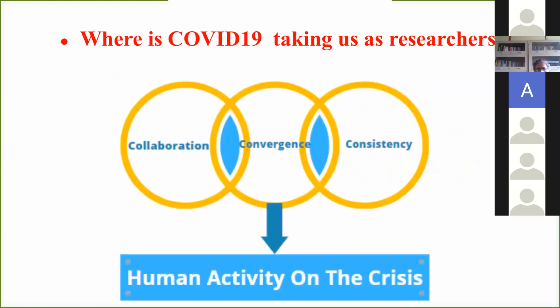This is what I've written in an article, sitting at home, called the 3 C's: collaboration, convergence, and consistency. Incidentally, I'm honored that today's Science editorial specifically mentions the role of convergence for scientists, because we're all divided by nations and by labs, but we're not really trying to converge.